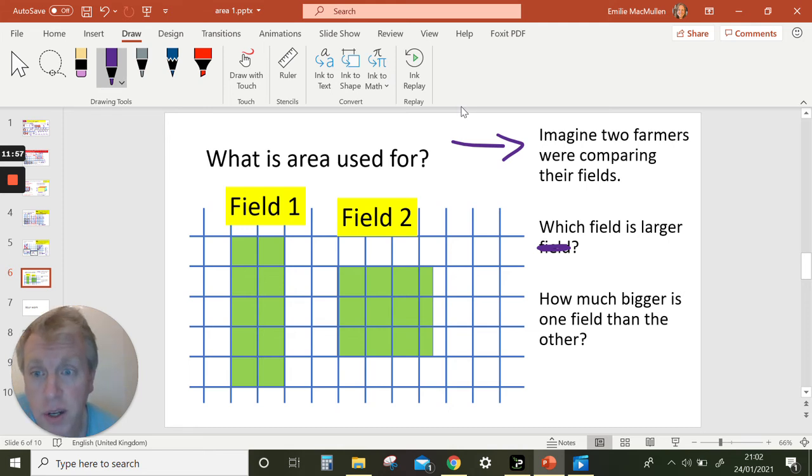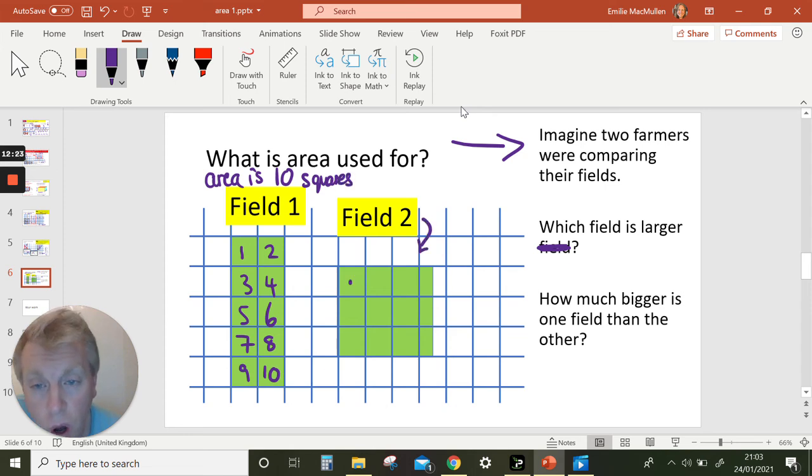Okay, well, let's answer that question. Field 1. Let's count the squares for the area. 1, 2, 3, 4, 5, 6, 7, 8, 9, 10. Okay, field 1, the area is 10 squares. Now let's look at field 2. 1 whole, 2, 3 whole squares, 4, 5, 6, 7, 8, 9 whole squares.